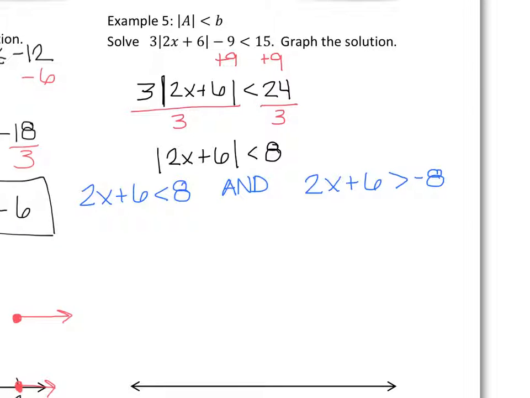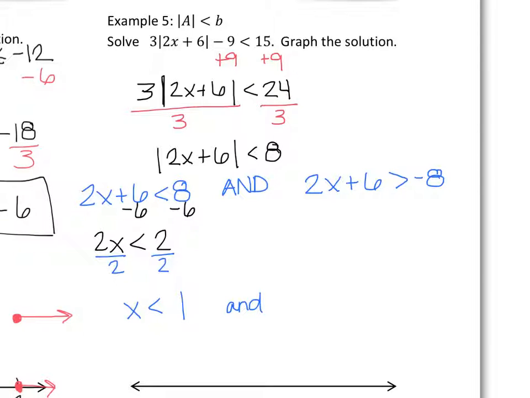All right. What should we move first? The 6 to both sides. So we get 2x is less than 2. Then we divide by 2, divide by 2. X is less than 1.